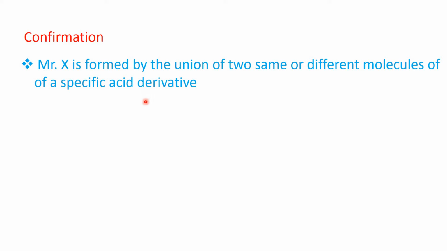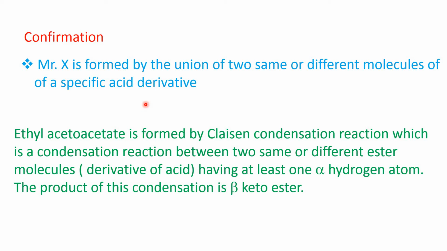Mr. X is formed by the union of two same or different molecules of a specific acid derivative. Now, this ethyl acetoacetate is formed by Claisen condensation reaction. Claisen condensation is a condensation between two ester molecules.